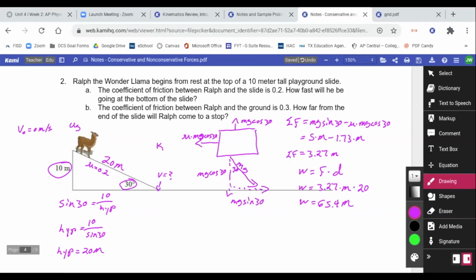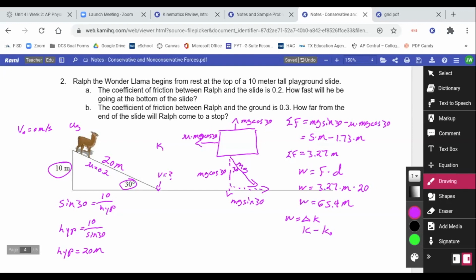Okay. Now, work is also equal to a change of kinetic energy, right? My final kinetic energy minus my initial kinetic energy, that is a change of kinetic energy, final minus initial. My initial kinetic energy was a big fat 0, right?